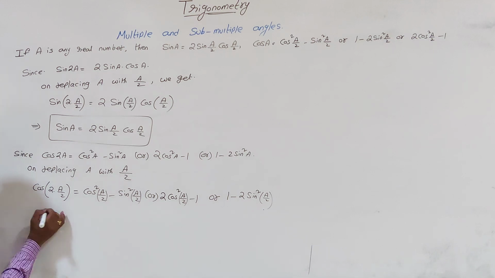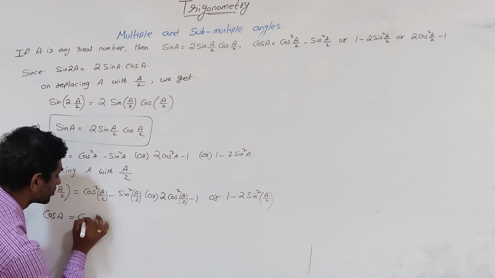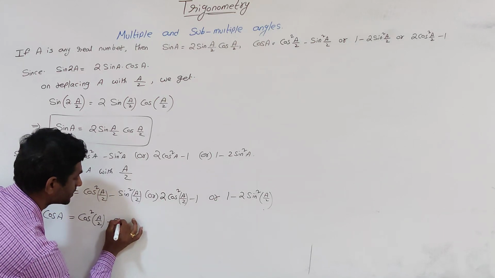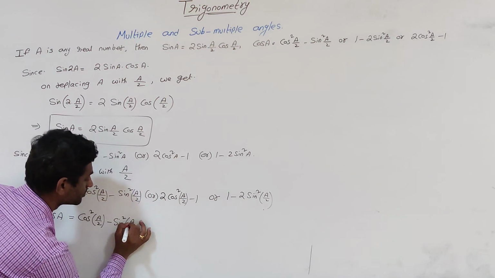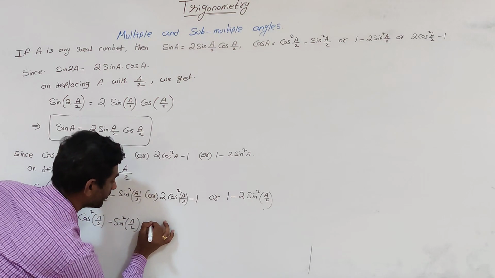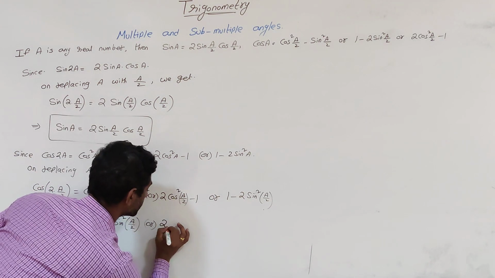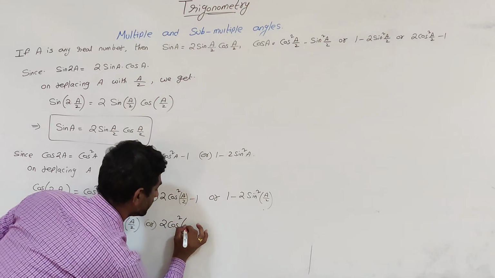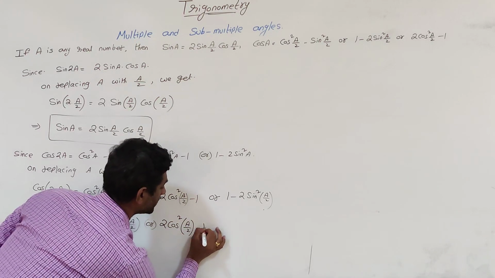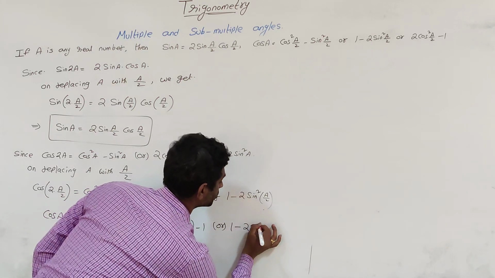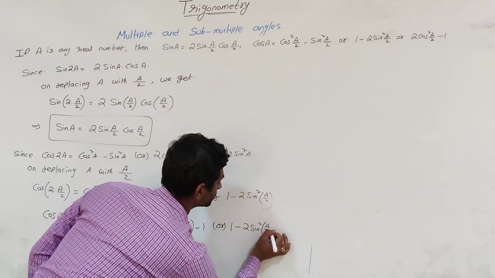If you simplify, the 2 gets cancelled, and cos A will be cos square of A by 2 minus sin square of A by 2, or 2 times cos square of A by 2 minus 1, or 1 minus 2 sin square of A by 2.